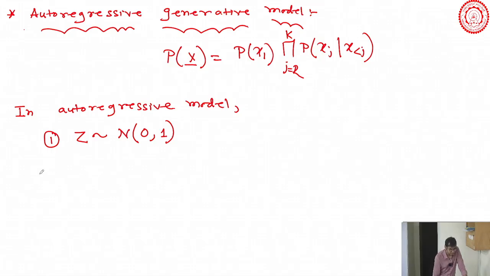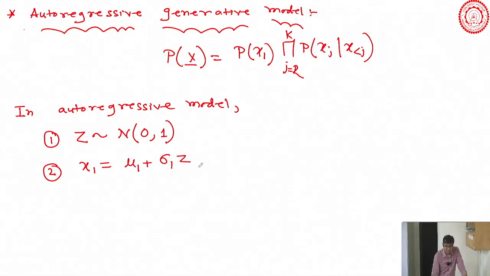Step 2, I find out x1 as mu1 plus sigma 1 times Z, right? So that is my sample now. Instead of drawing it in one step, I am doing it in 2 steps.